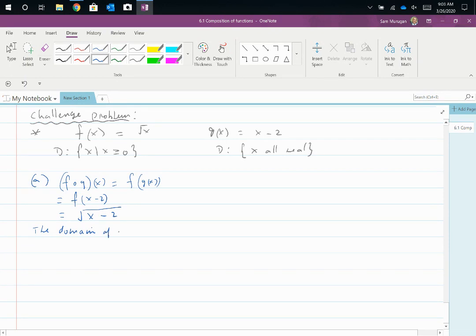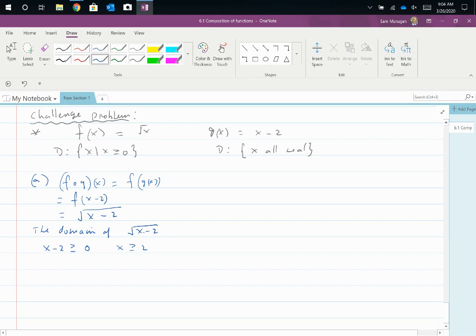We figure that domain by setting the part under the square root sign greater than or equal to 0, and we said that x must be greater than or equal to 2.